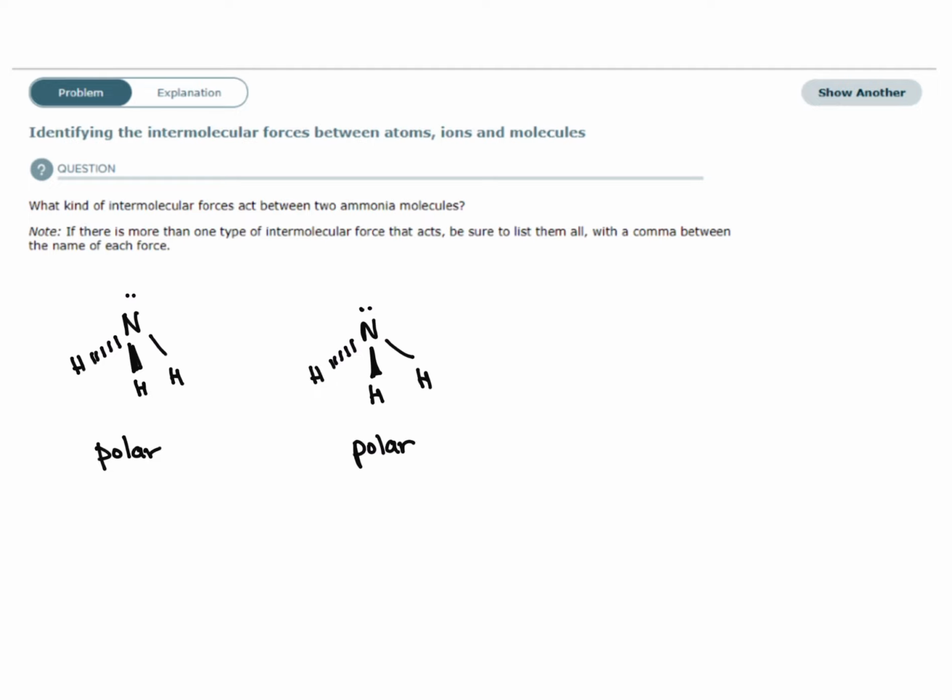And now let's talk about the forces. We said that dispersion forces occur between all types of molecules, whether it's polar or nonpolar. So dispersion is going to be a force here. And ammonia is polar. So polar molecule and a polar molecule will have dipole-dipole forces. And let's take a look at this hydrogen atom.